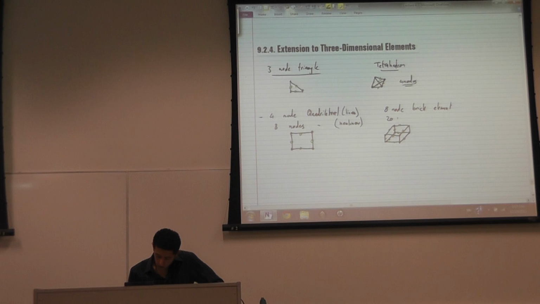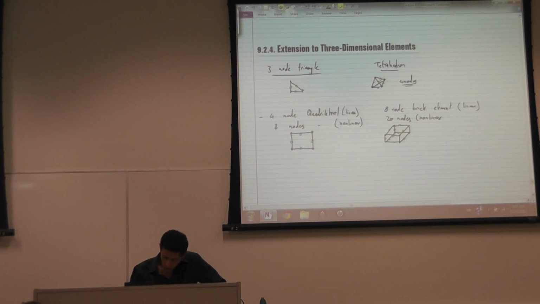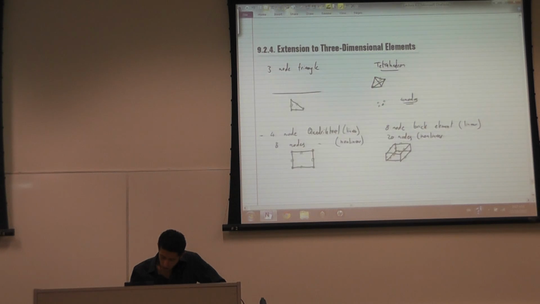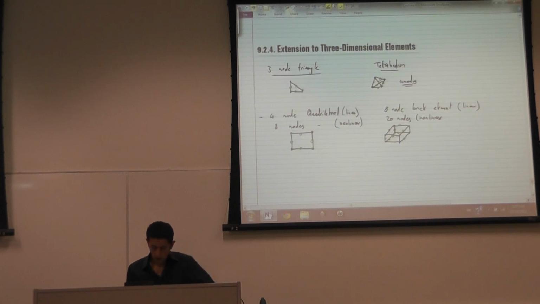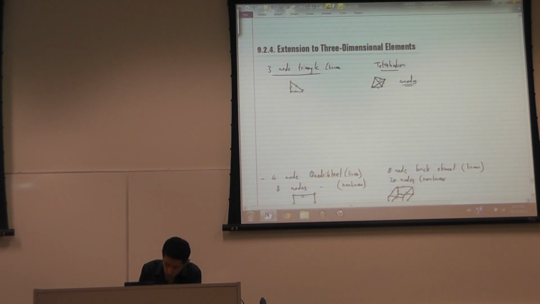The nonlinear has 20 nodes. The nonlinear has 6 nodes. And the nonlinear here has 10 nodes.